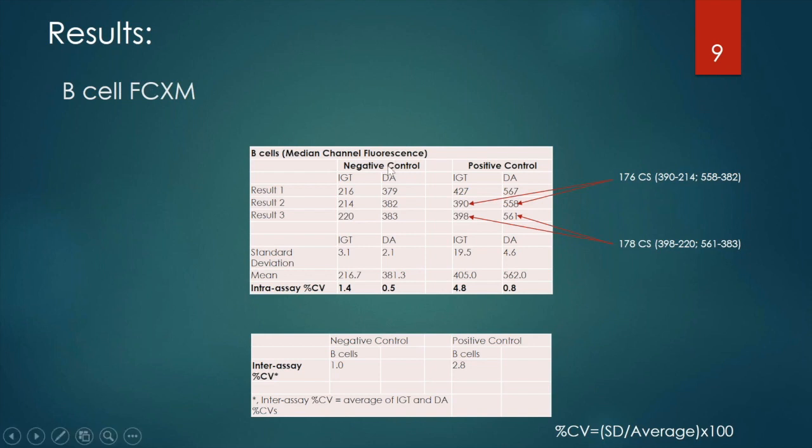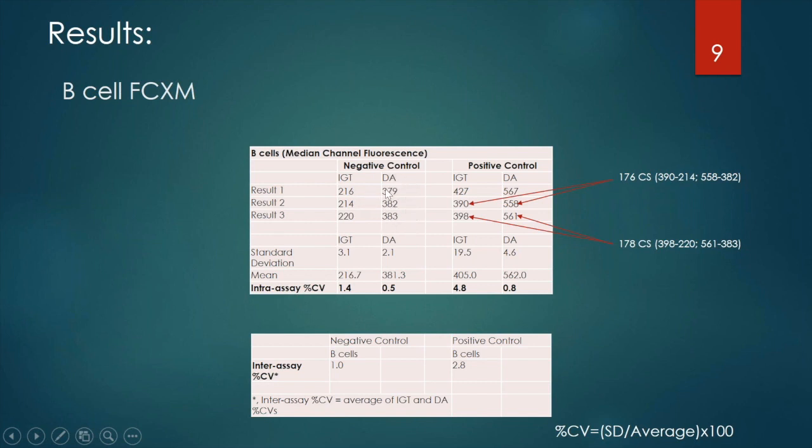So if you see for the IGT method, the MCF values, this is a 1024 channel scale that these results correspond to on PAX Viva for PAX Cantor 2 instrument. So 216, 214, and 220 were the triplicate MCF values by IGT, whereas 379, 382, 383 were for the DSL.